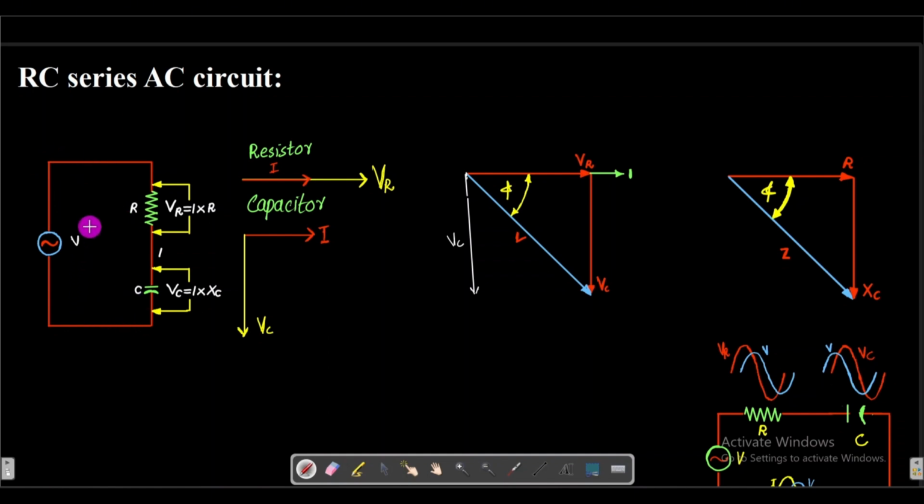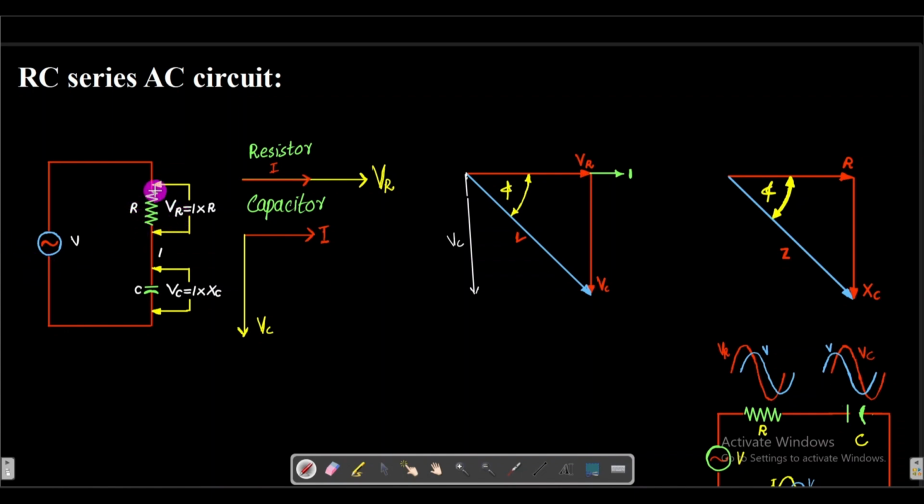That alternating current will be constant when it passes through the resistor, and will have the same value when it passes through the capacitor C, because we know that the current is the same in all components of a series circuit. Only the voltage changes.